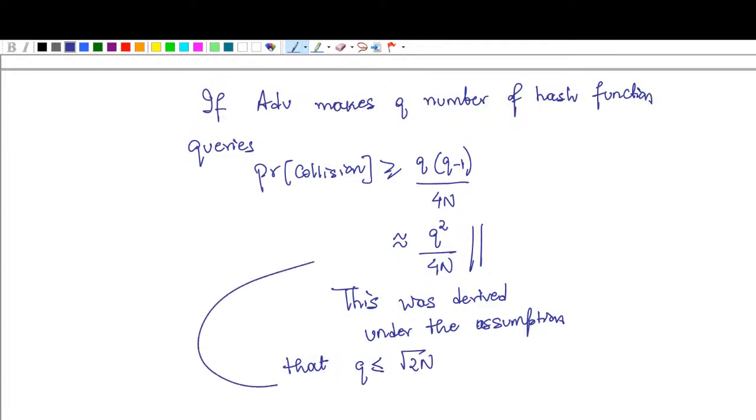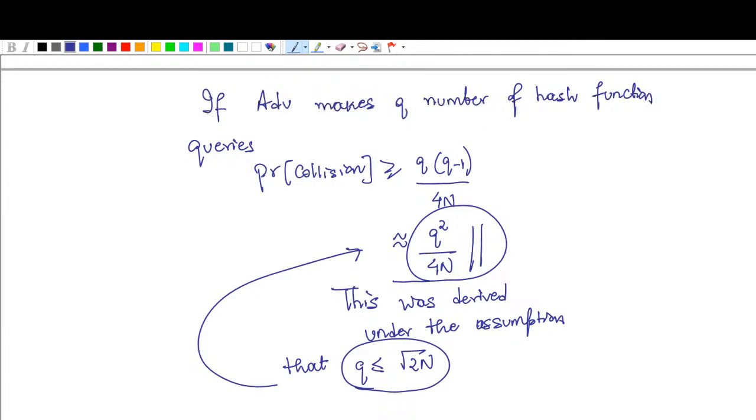Only if q is less than or equal to the square root of 2n do we get this lower bound. This assumption was used to simplify the derivation. If you don't make this assumption, the overall expression will look slightly complicated.